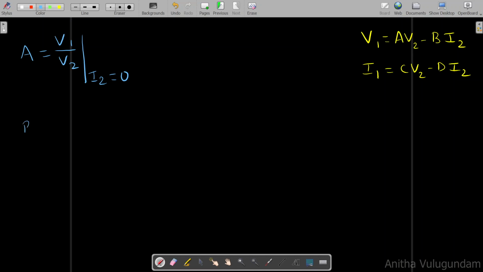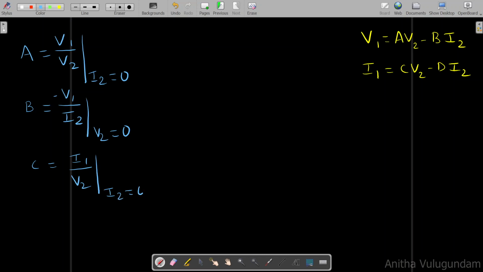And B can be written as minus V1 by I2 when V2 equal to 0. We'll have a minus sign here. C equal to I1 divided by V2 when I2 equal to 0. And D can be written as minus I1 by I2 when V2 equal to 0.